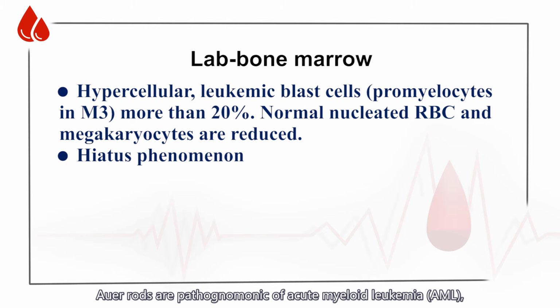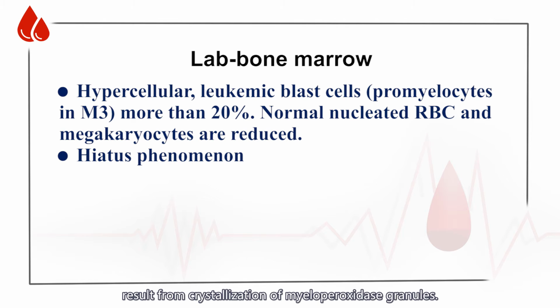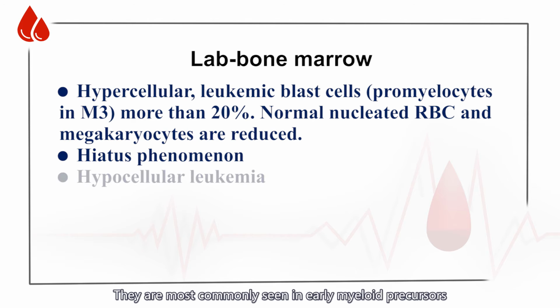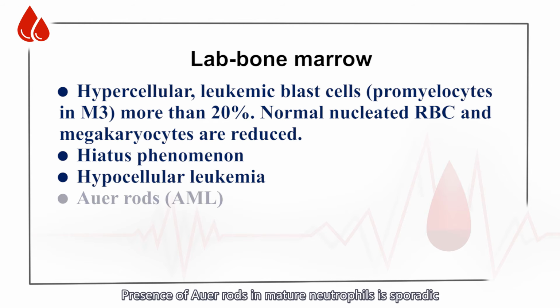Auer rods are pathognomonic of acute myeloid leukemia, resulting from crystallization of myeloperoxidase granules. They are most commonly seen in myeloid precursors in certain subtypes of myeloid leukemia. Presence of Auer rods in mature neutrophils is sporadic.